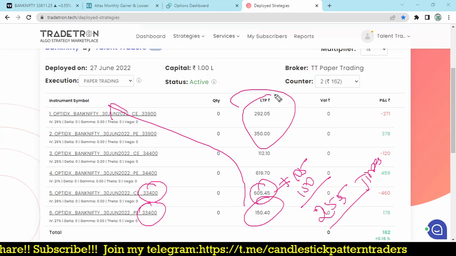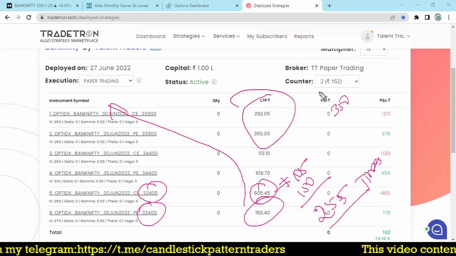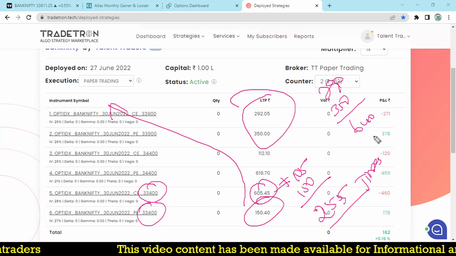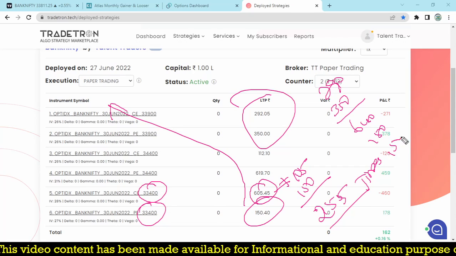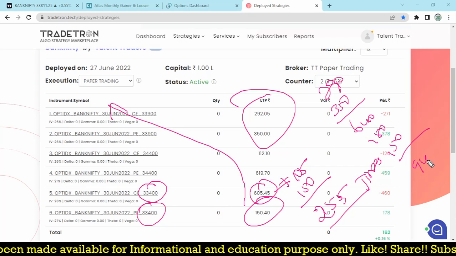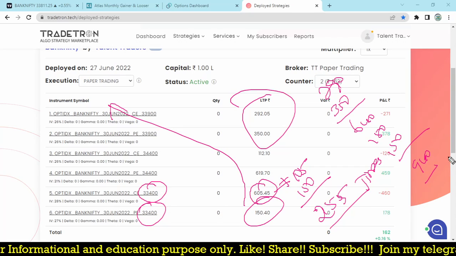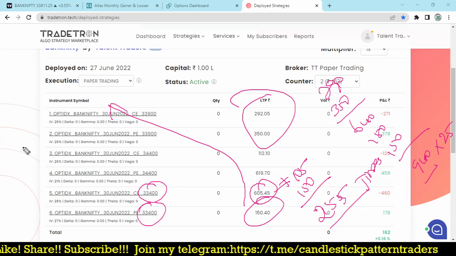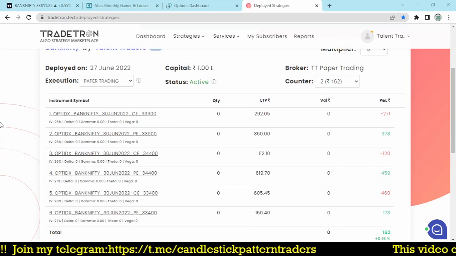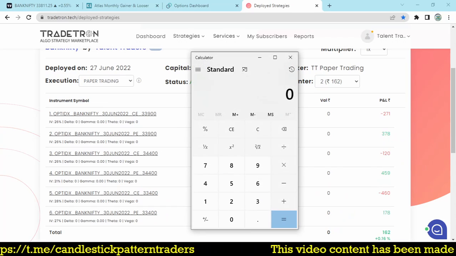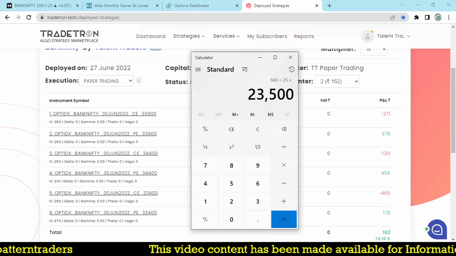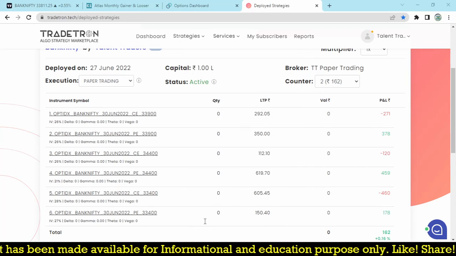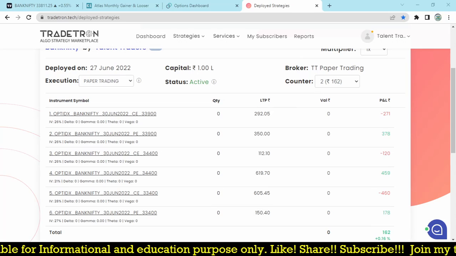Here the ATM options 350, 290, whatever, almost 640 plus 150, again another 150. So 940 rupees multiplied by 25 because of the lot size. 940 into 25, 23,500 rupees would be the time value of these premiums.